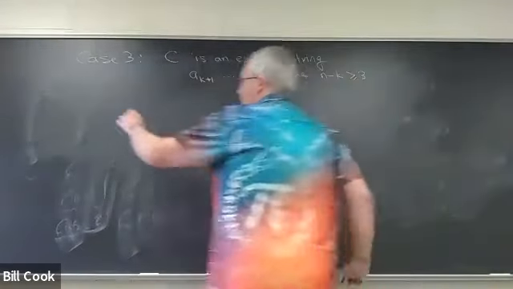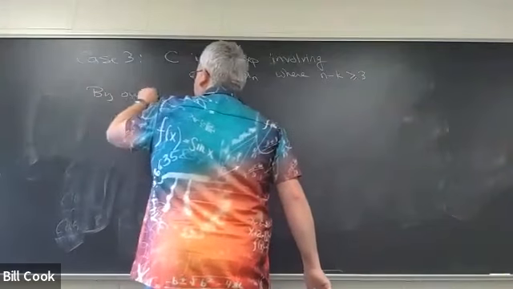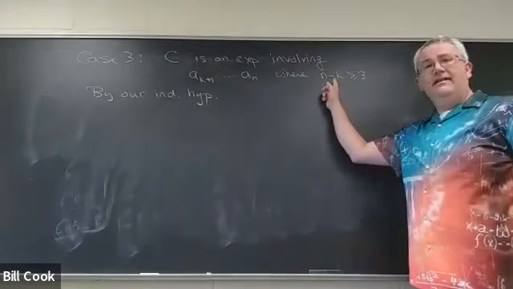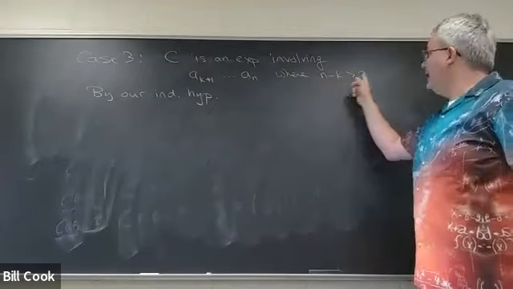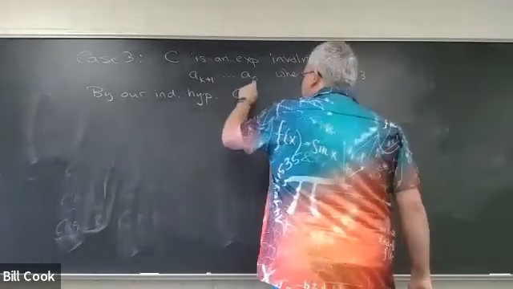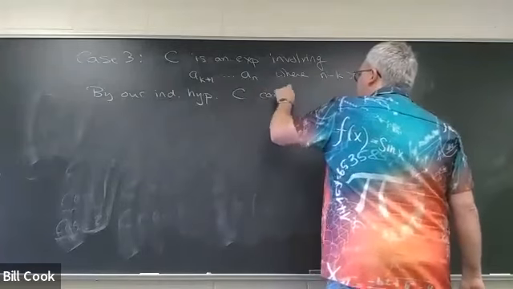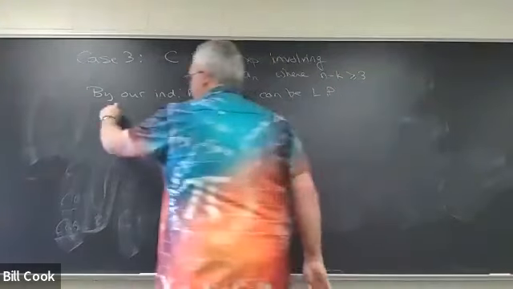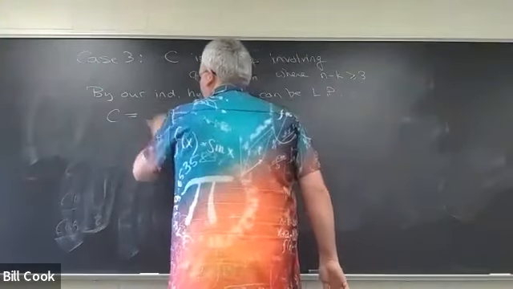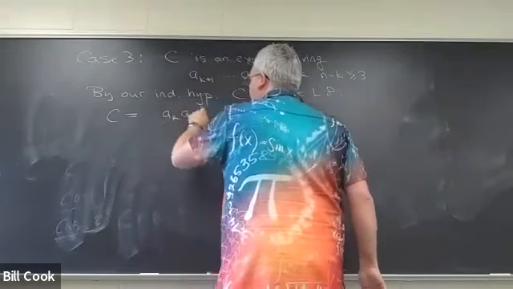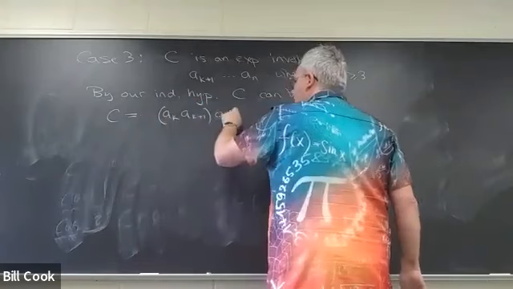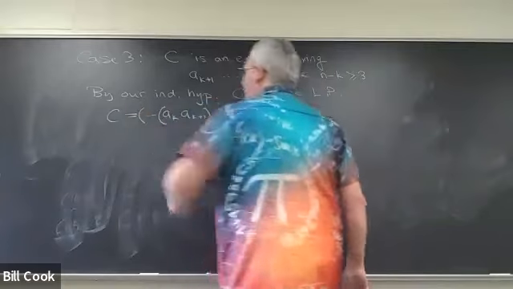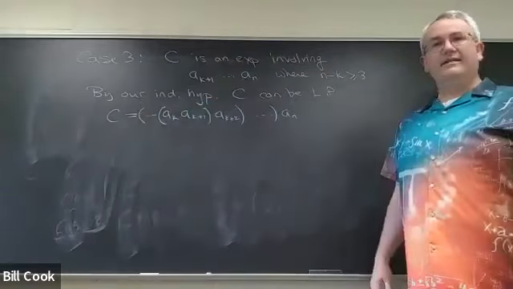All right, well, by our inductive hypothesis, since n minus k is smaller than n, and it's at least 3, we have that C can be left parenthesized. And so in particular, C can be written as (a_{k+1}) a_{k+2}, etc., all the way up to a_n. So we can left parenthesize C.